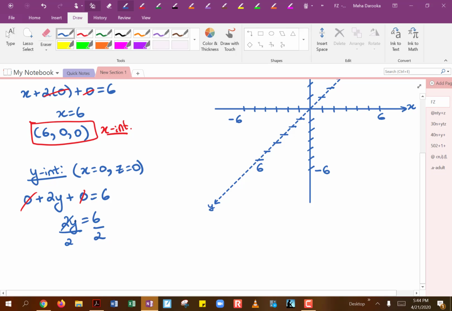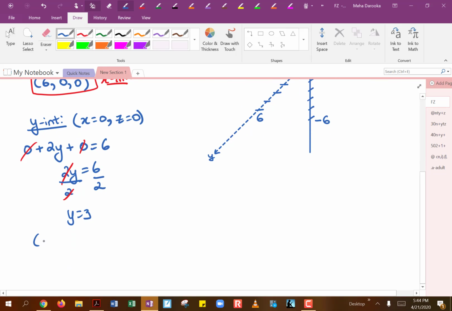Divide both sides by 2, and of course we will end up getting y equals 3. So our ordered triple in this case will be 0, 3, 0, and this will be the y-intercept.